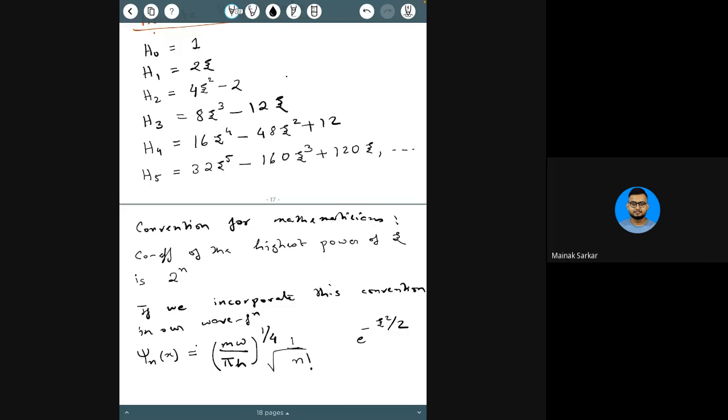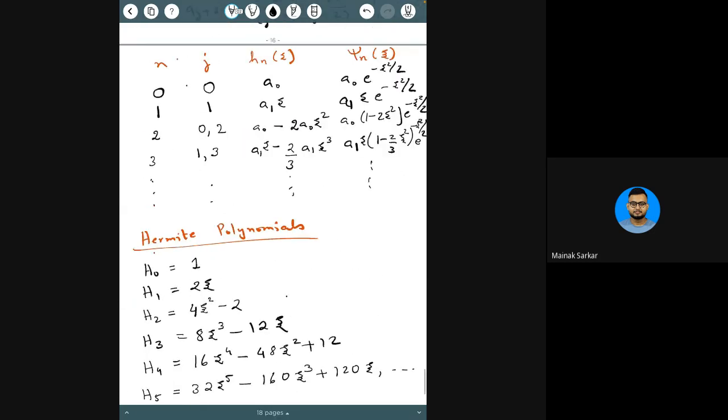This was what we had got before for psi 0. And for the excited states, we incorporate the 2 to the power n that comes from the Hermite polynomial, and we can multiply it with H_n(xi). This is what we got directly from our Schrodinger equation.